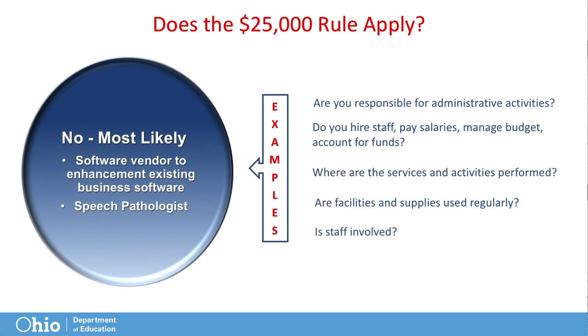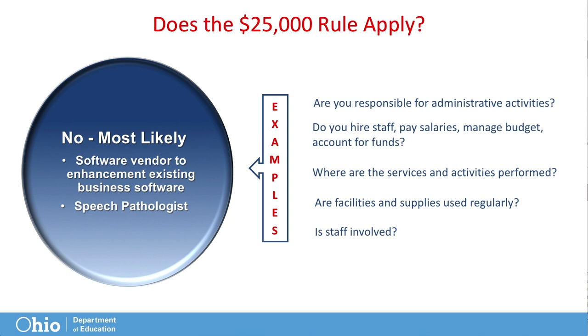On the flip side, if your district can say yes to the following questions, such as: is your entity responsible for payroll, purchasing, or procurement, accounting, human resources, and other similar administrative functions? Or does your entity hire the staff, pay for salaries and associated costs, account for funds, and/or manage the budget?